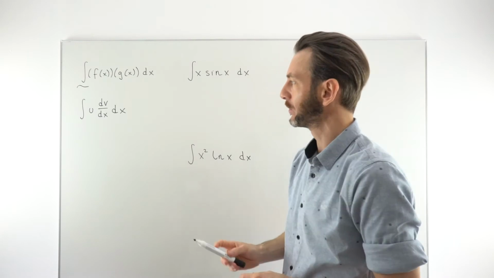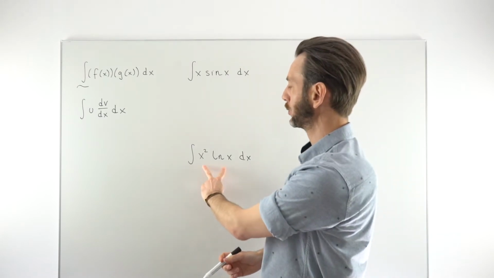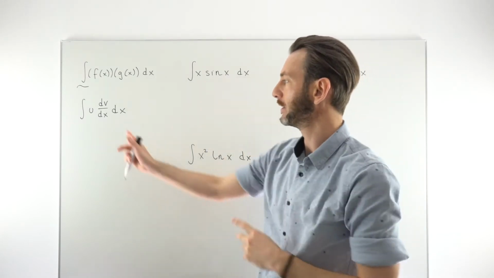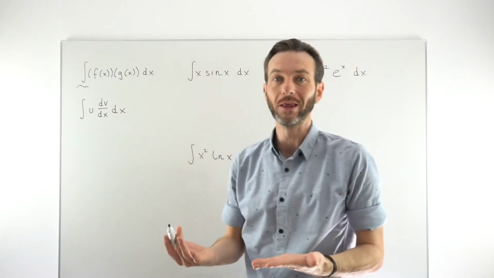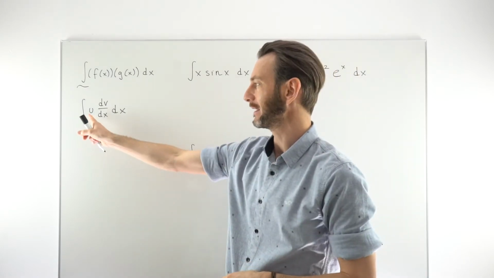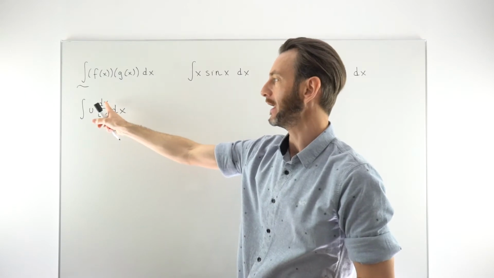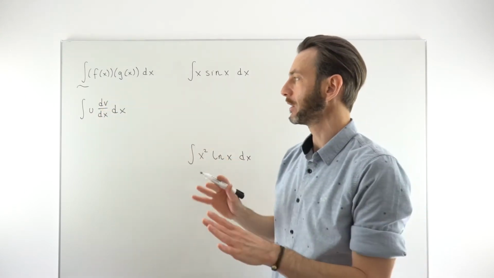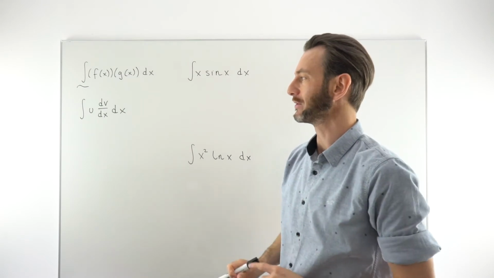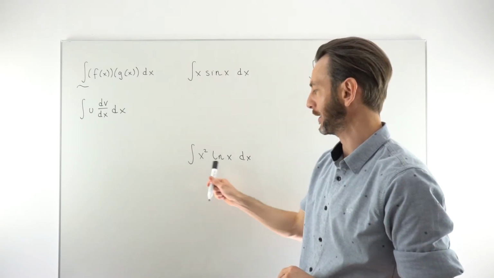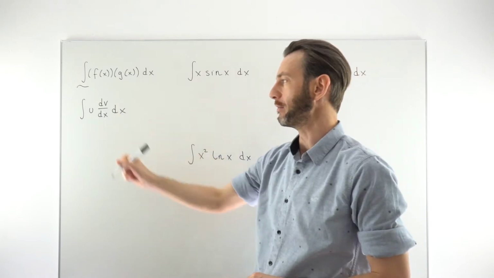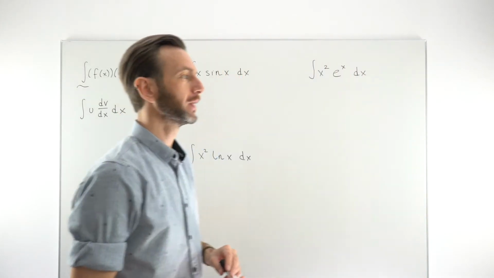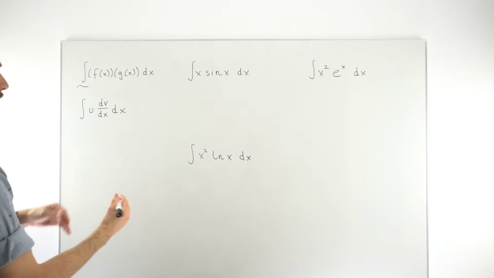So sometimes you've got to manipulate the integrand, the thing you're integrating, to put it in this form, or more commonly, you've just got to choose the correct assignment of a u and a dv, and I'll explain this more when we get into the examples. Making the correct assignment of those letters then allows you to recognize that this is in that form, and you can then use the technique that we're going to explore in this class.